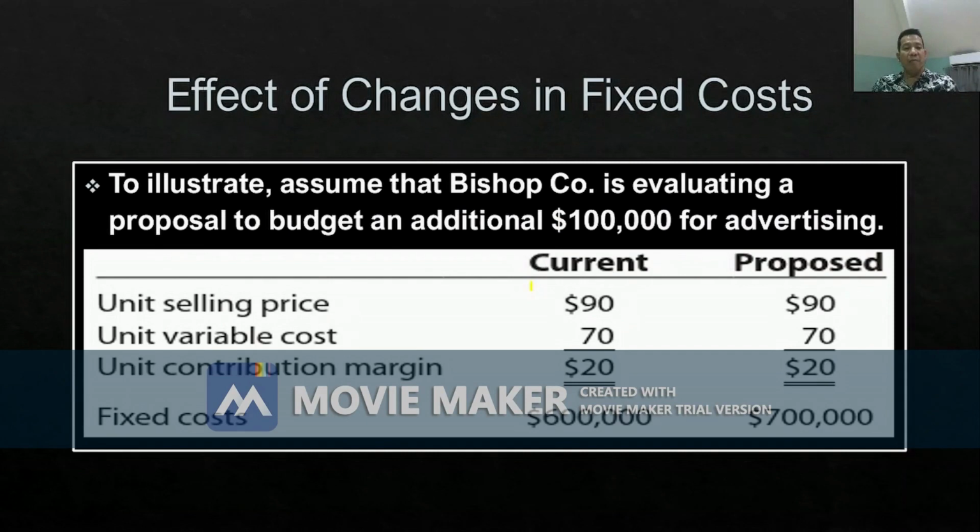We have here the following: the unit selling price of $90 for the present, and the proposal is the same at $90. The unit variable cost is $70, the same variable cost of $70 for the proposed.